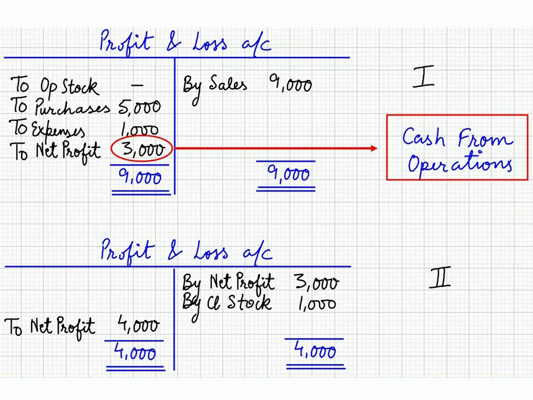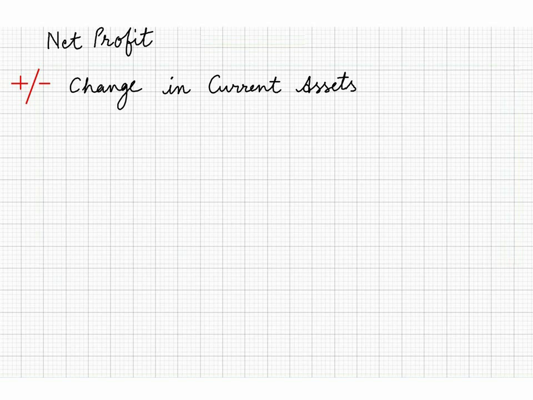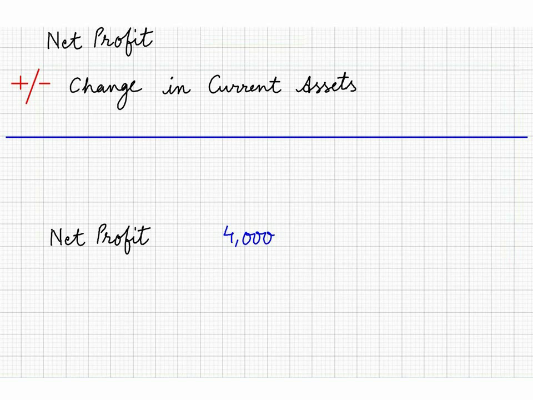So if you are given any profit and loss account and you are asked to calculate cash from operation, what's the best way? Net profit plus or minus the change in current assets. In this situation, if you want to calculate cash from operation, the formula will be net profit rupees 4,000, minus increase in closing stock, that is rupees 1,000, and the net result is 3,000.